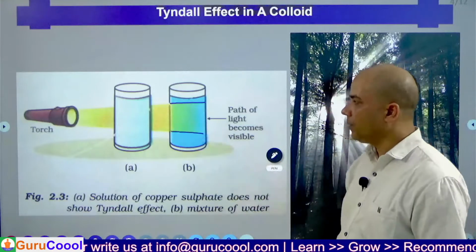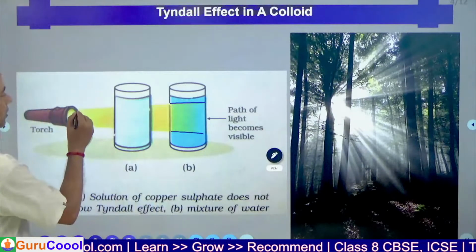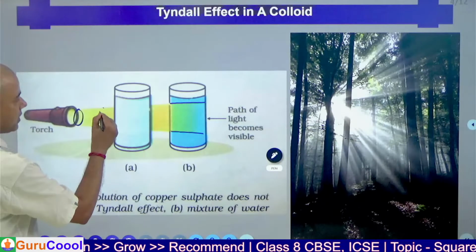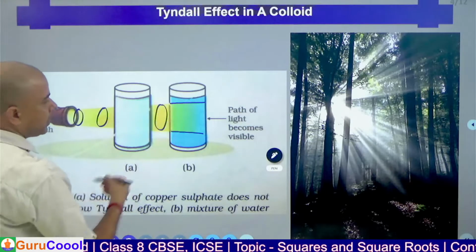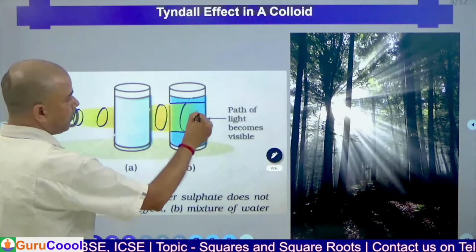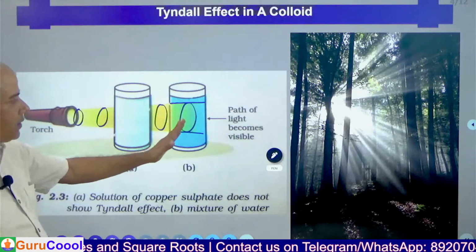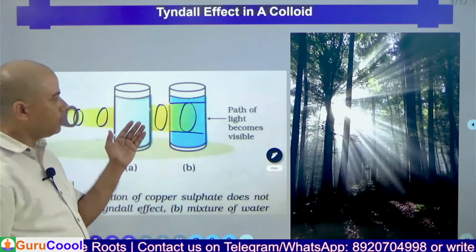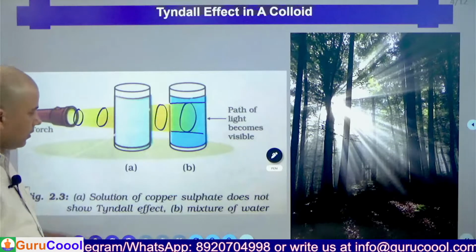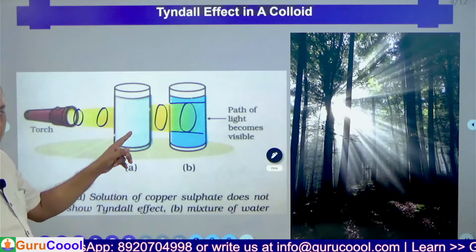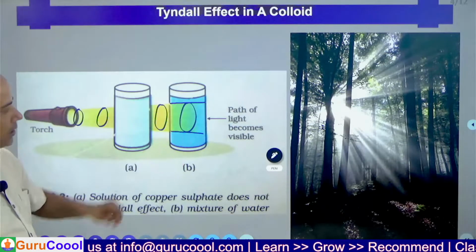You might also notice that the light source started with a very small circular part, but as it advances, the circle becomes bigger and bigger. It is scattering. The path is visible, and the circular area becomes bigger. So the copper sulfate solution does not show the Tyndall effect, but the mixture of water and milk shows the Tyndall effect.